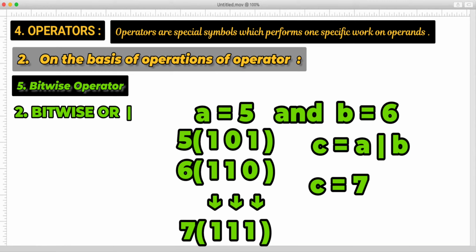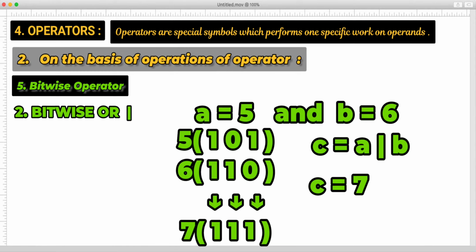So the binary code we get is 111, and the decimal equivalent of 111 is 7. So the value of c will be 7. Now the OR operator uses the pipe as its sign, so remember it.